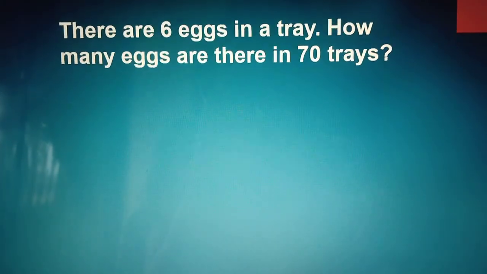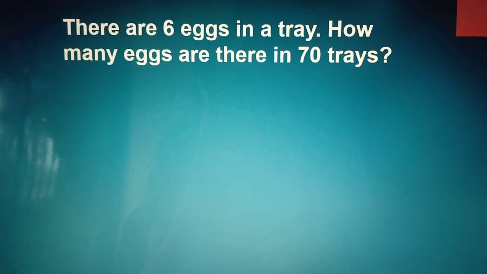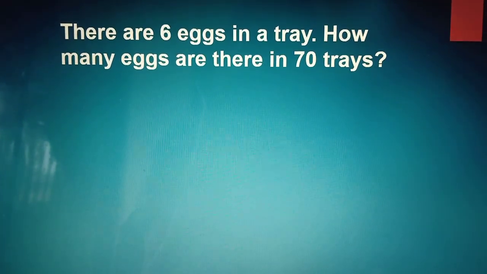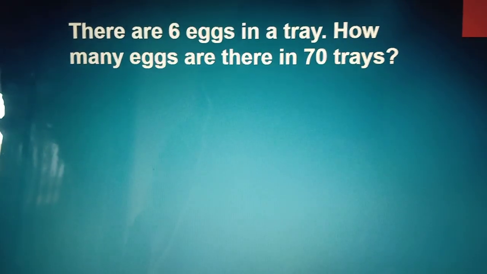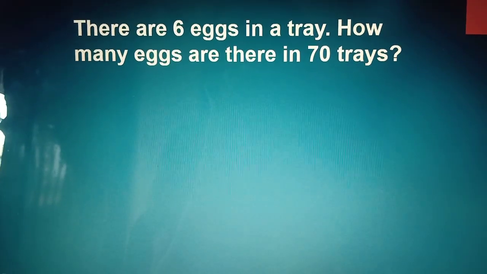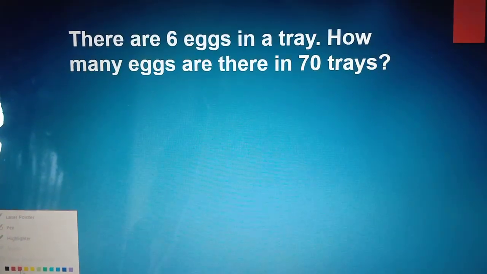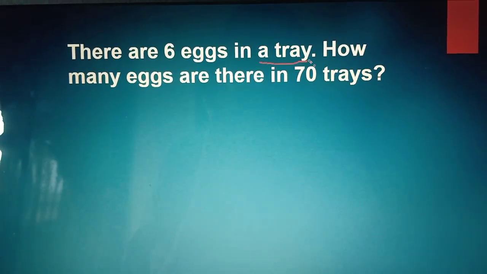Okay, can you see this? There are 6 eggs in a tray. One tray. Can you see this word? A tray. One tray.